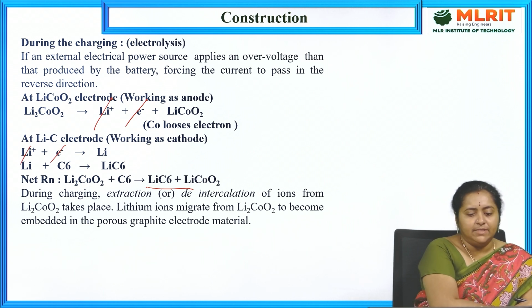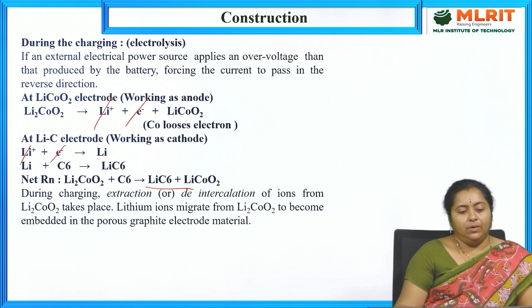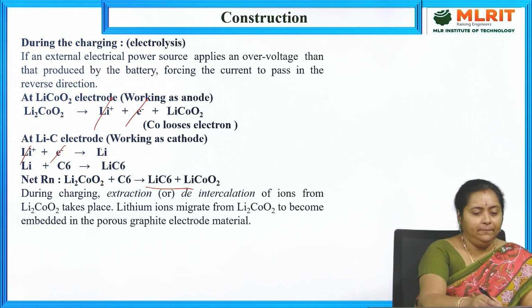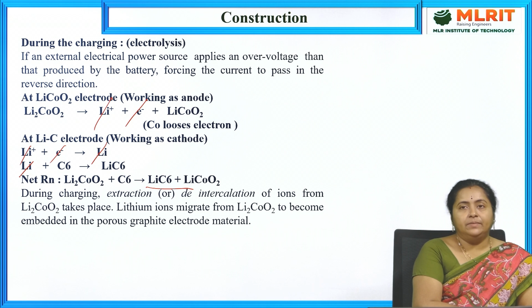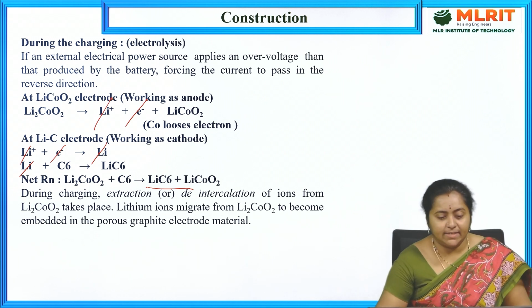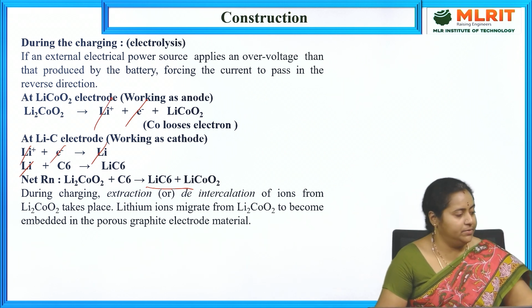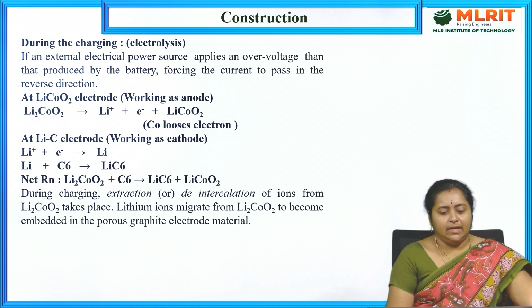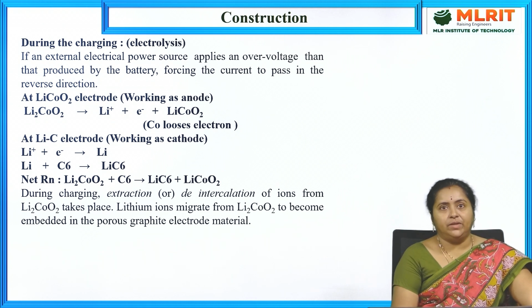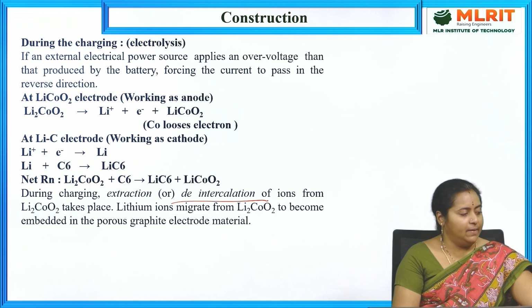Let me check once. That's all. So, as a result, LiC6 and LiCoO2 will be produced. During this process, as de-embedding takes place, this process is known as the de-intercalation process, or de-intercalation mechanism.